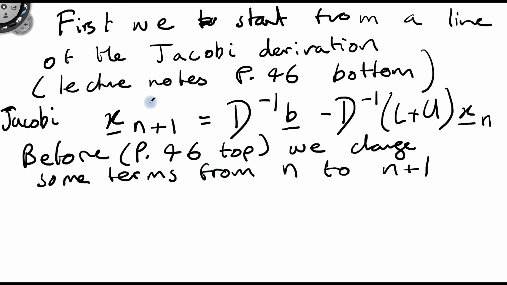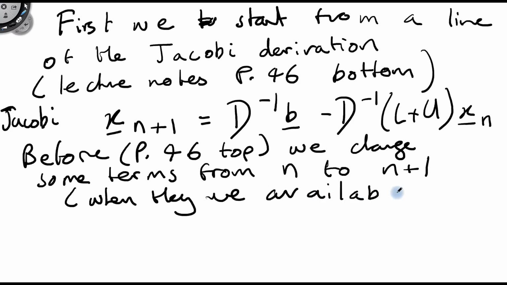We've now got it written down as a matrix equation, so how do we modify this equation to do the same thing? Now remember, we modified terms from n to n plus 1 basically when they were available from the previous line.